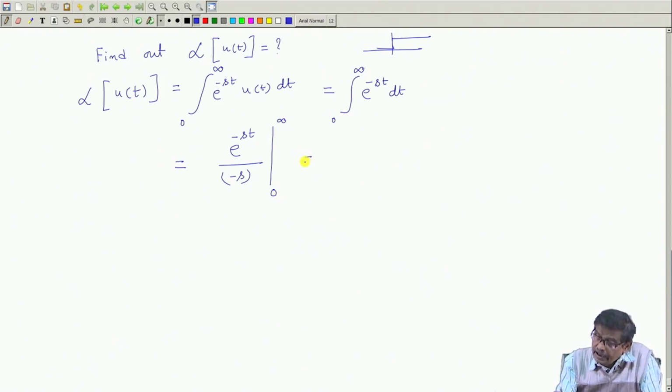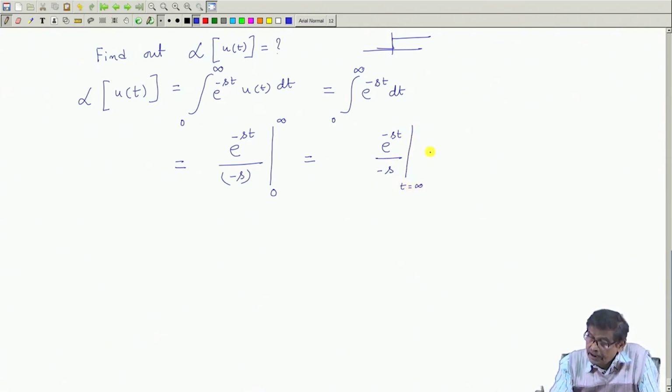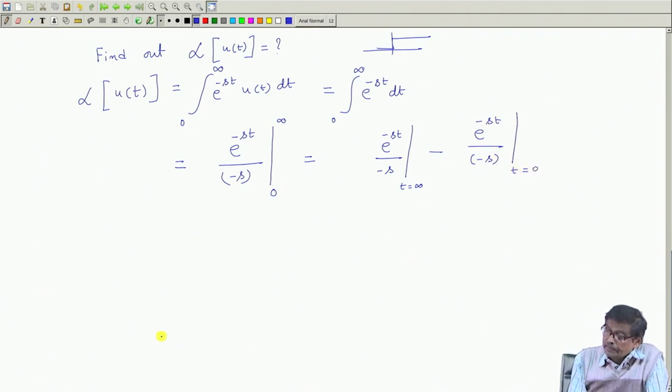Now, that means I have to find out the value of e to the power minus st by minus s at t equal to infinity minus e to the power minus st by minus s at t equal to 0. This is what I have to do, is not.